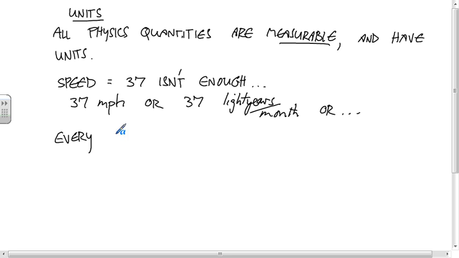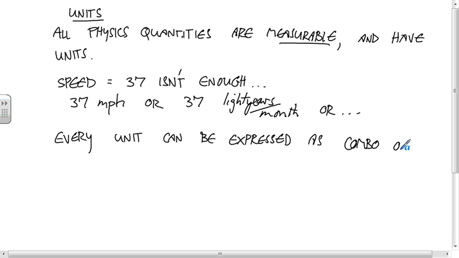Every unit can be expressed as a combination of three. You can think of these as the fundamental units, the fundamental quantities.